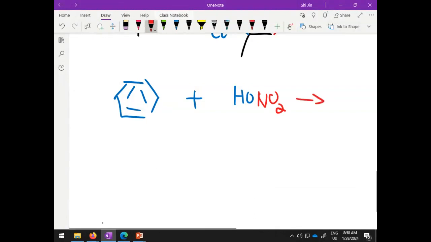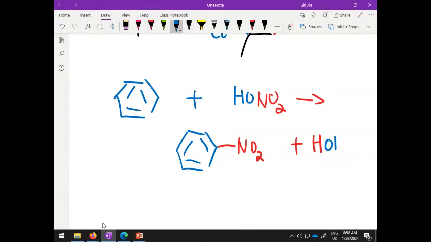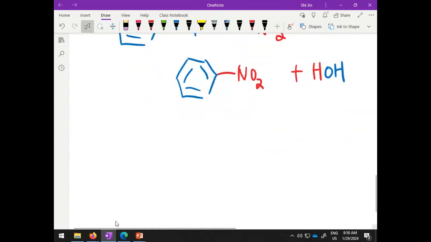In a typical reaction you don't need to care about the inorganic product, but it's better to know you're going to have the water product. And when we talk about mechanism, you will know a bit better the reaction conditions.